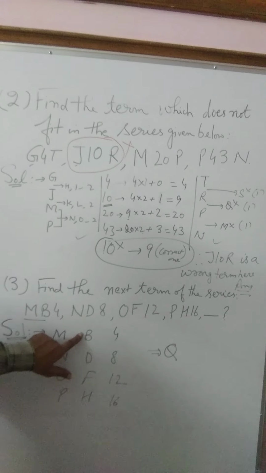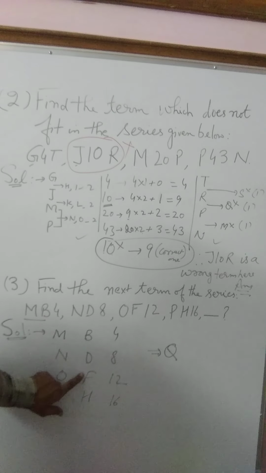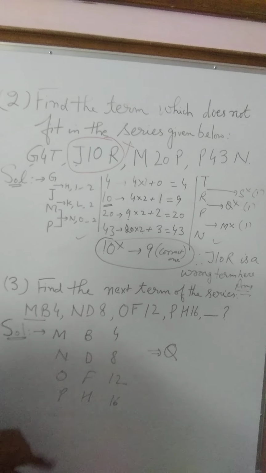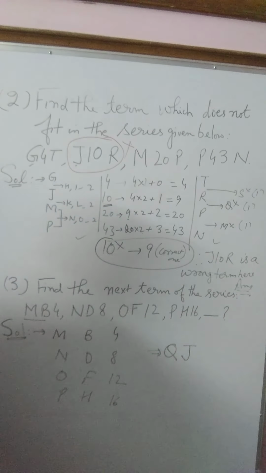What is that missing? From B and D we have C missing, D to F we have E missing, and from F and H we have G missing. So our next term will be, after I, it will be J. Because for H, I, J I have omitted I and got the next one as J.